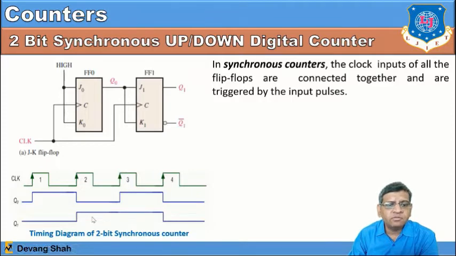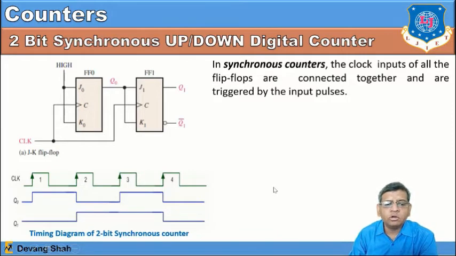You can see the pulse during the clock, Q0 becomes 1, but Q1 remains 0. From that, you can have a count. Before the clock, the count is 0, 0, then it becomes 0, 1, then 1, 0, and then 1, 1. You can see it that way throughout this clock cycle.